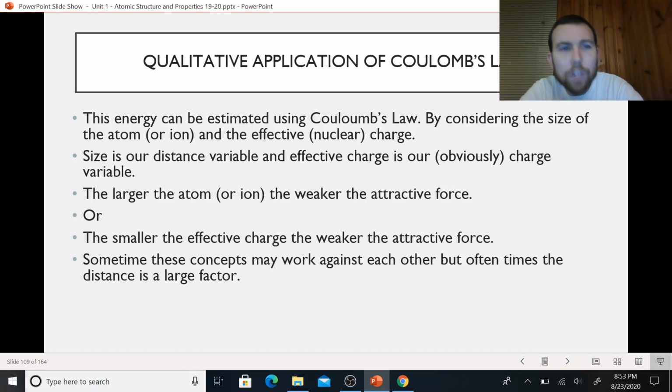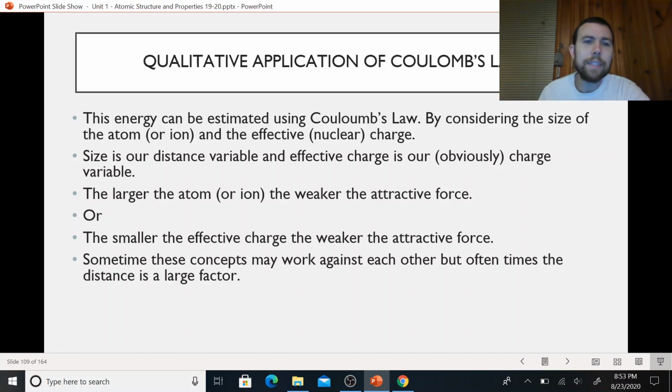Now, as we look at those two things, a trend or a pattern that we should be able to predict is going to follow. If the atom is large or if the ion is large, when we're comparing it to another atom or ion of a similar charge, then it's going to have a weaker attractive force between its nucleus and its valence electrons.